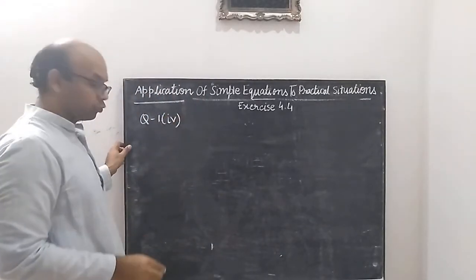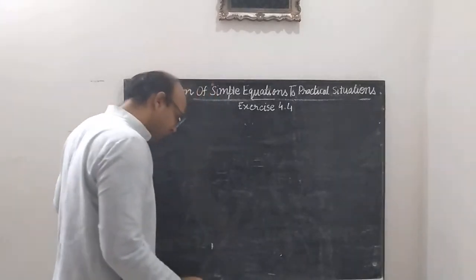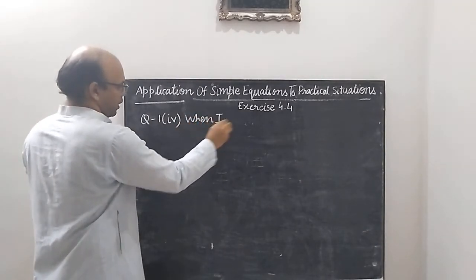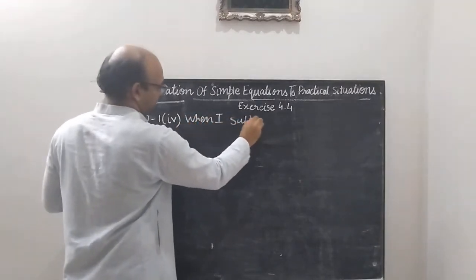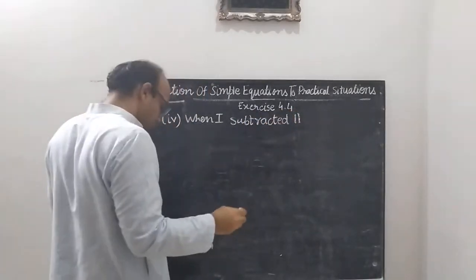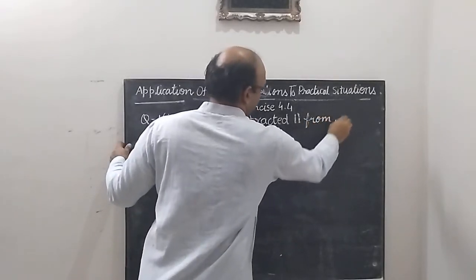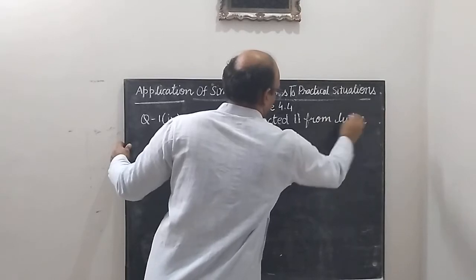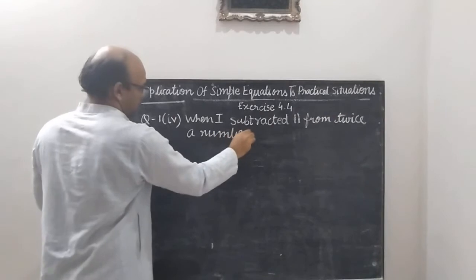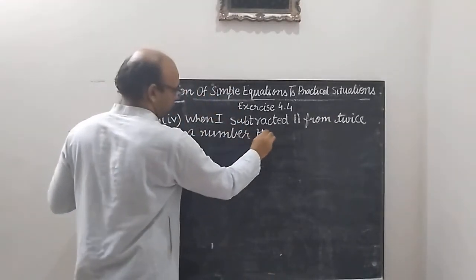Now we move on to question number 1, part 4. It says, when I subtracted 11 from twice a number, the result was 15.